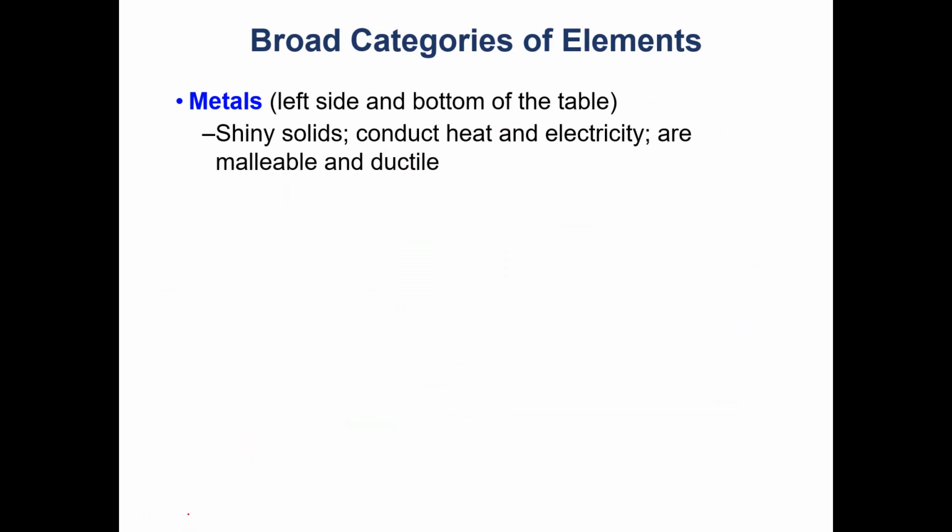They're very good at conducting heat and electricity, and we frequently use them for applications where we need them to conduct electricity or to conduct heat. So things like electrical wiring, or the top of an oven or stove, and we can think of a lot of different applications where we use metals to conduct heat or electricity.